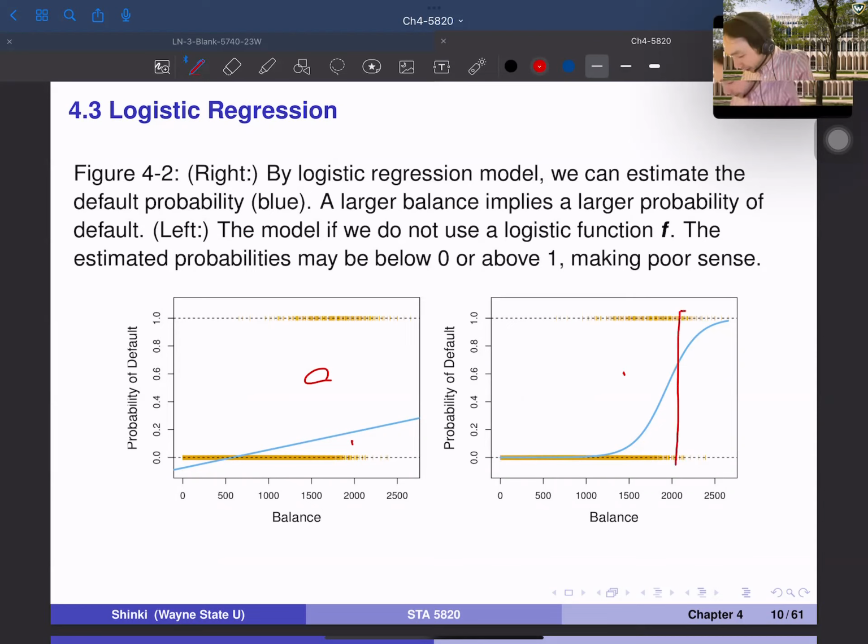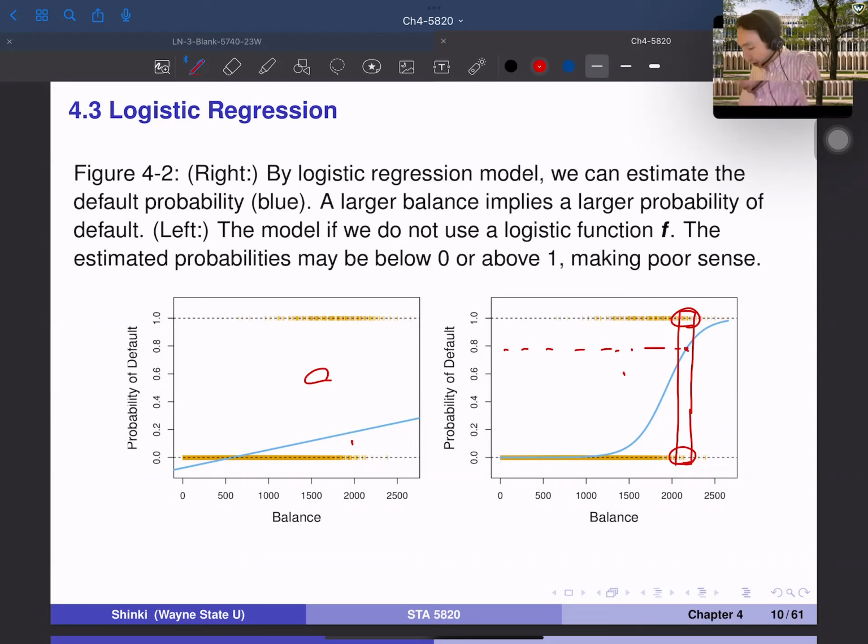In this range, about 80% of observations are in default, so this value is about 0.8. Therefore, for each value of the predictor variable, we can estimate the probability of default, not exactly this number. So that is the idea of logistic regression.